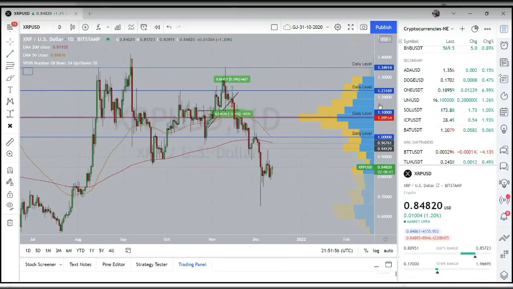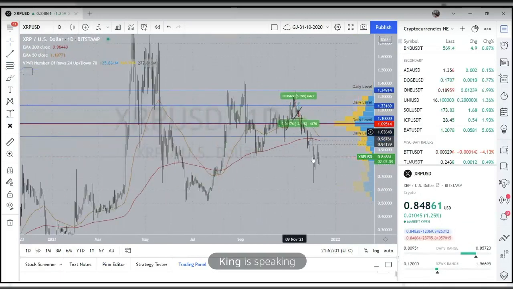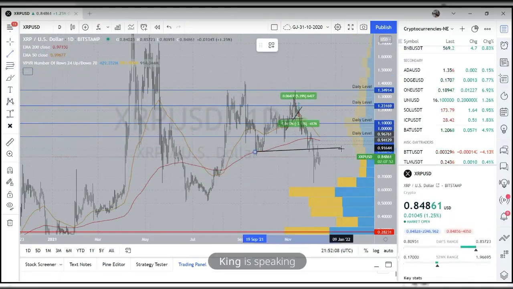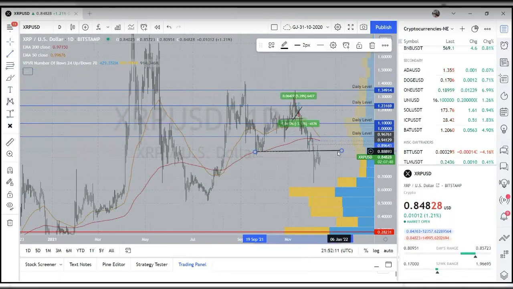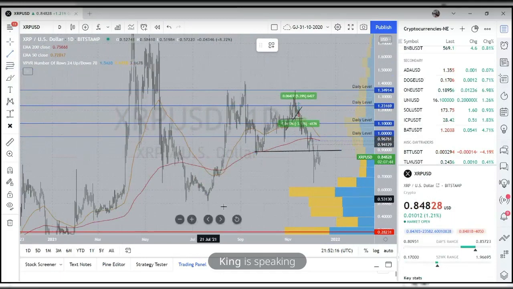XRP looks very weak without doing too much analysis. Break of the trend here, retesting it to the downside. I've heard people say it could go to 50k. Not 50k, 50 cents.